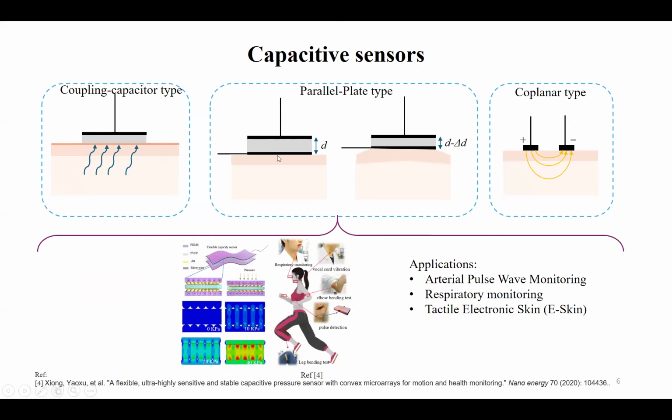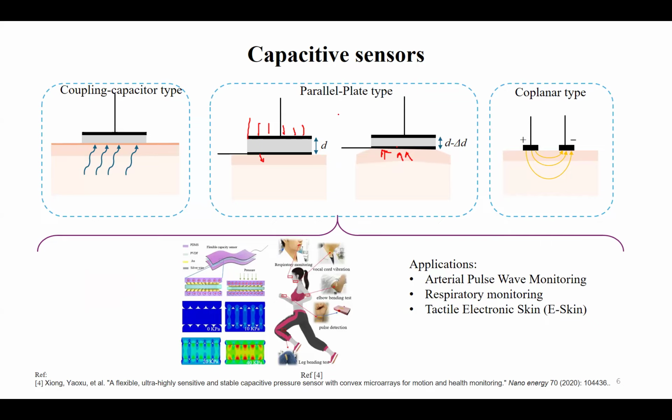As shown here, we have two metallic plates, converted into a capacitive sensor, and usually one metallic plate is fixed to some surface. For example, this is fixed to the surface, and this metallic electrode is fixed to the skin. So whenever there is a movement in the measurand, for example, if I want to measure the respiratory variation or the movement of the skin, I will connect this metallic electrode to the skin.